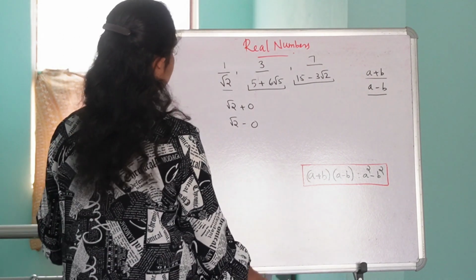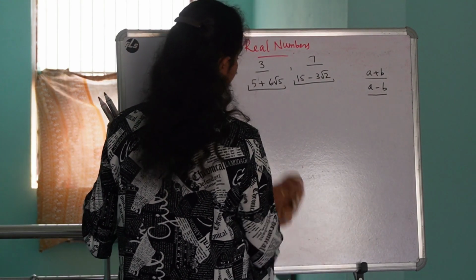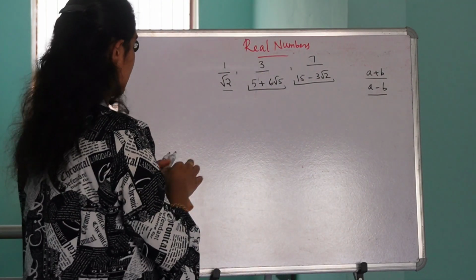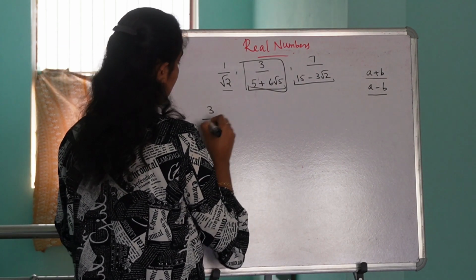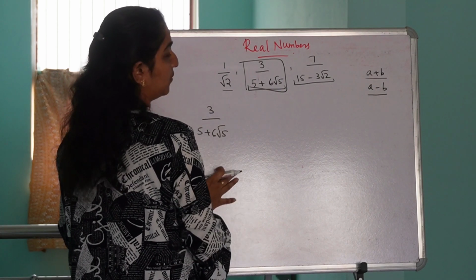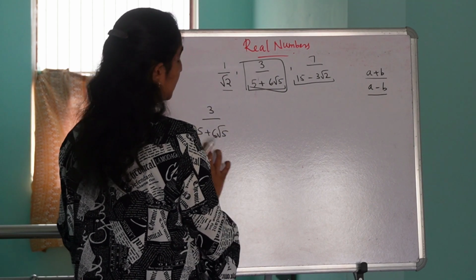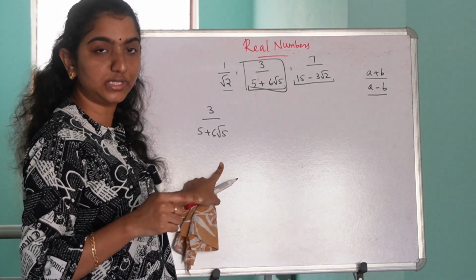Yes. So let's try to understand this with the help of an example. Okay. So let's take this same example. Here let's consider this real number. So the real number is 3 divided by 5 plus 6 root 5. Yes, we know in the denominator there is a term with a square root.